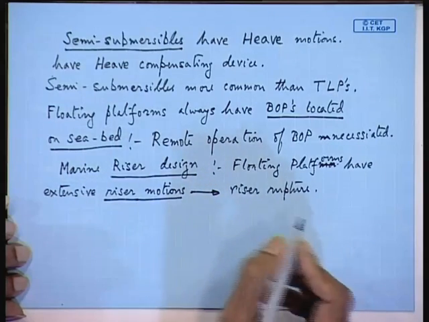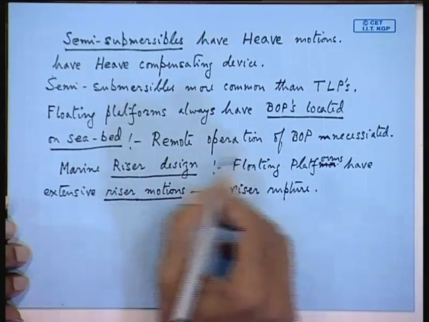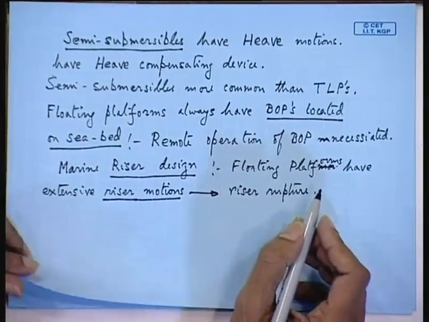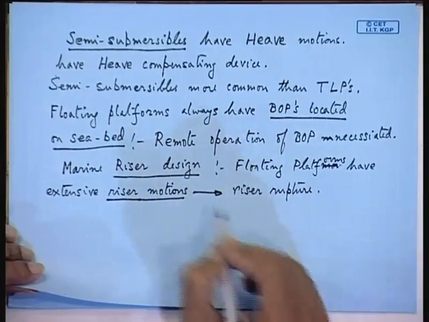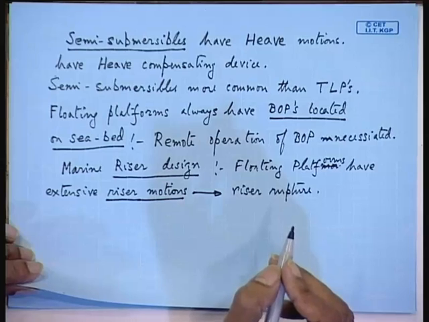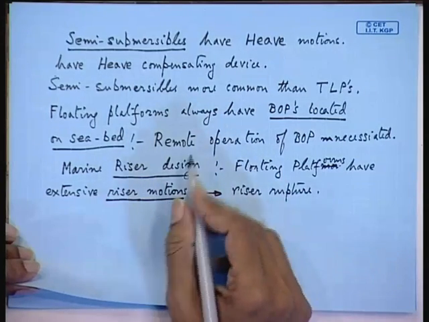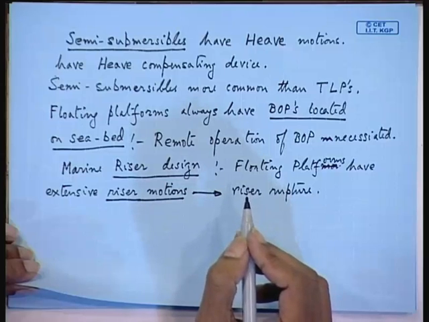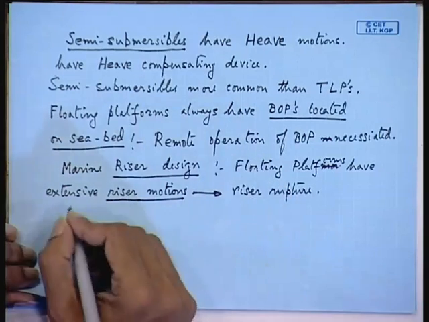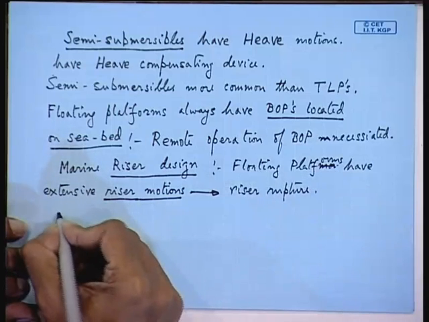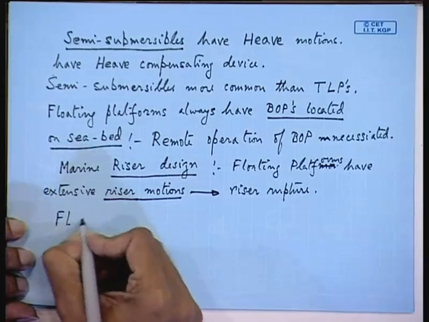Now, your floating platforms will have lot of riser motions. So, this has to be tackled. How you can control the motion of the platform along with the motion of the risers. So, the problems for floating platforms are essentially motion control.